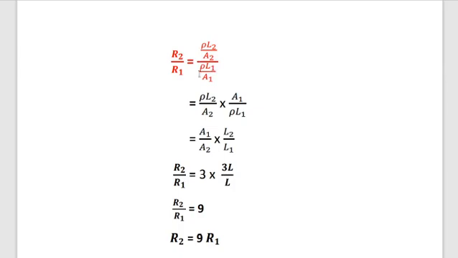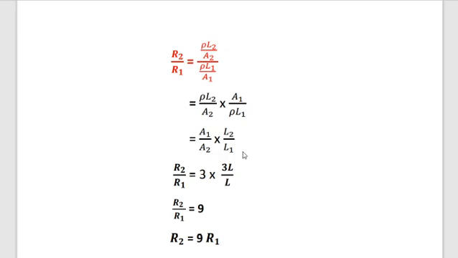So R1, the denominator term, comes to the numerator, meaning we write in reciprocal format. So rho L1 by A1 comes to the numerator; we write A1 by rho L1. So rho and rho cancel. So A1 divided by A2 into L2 by L1.